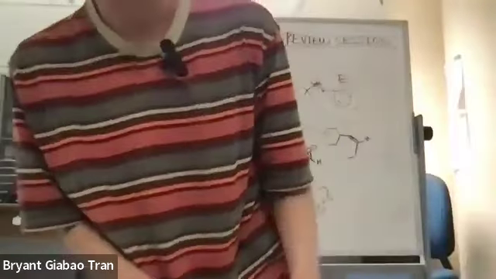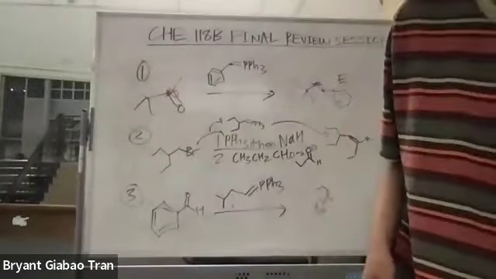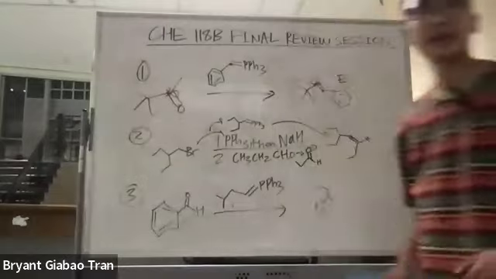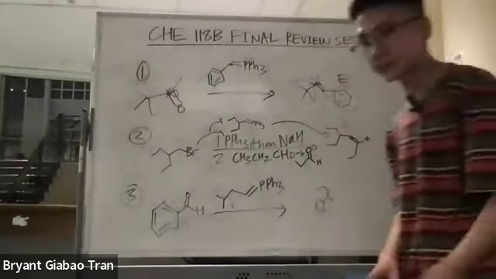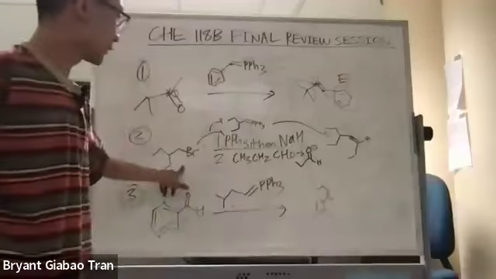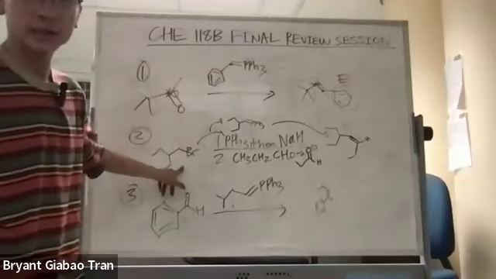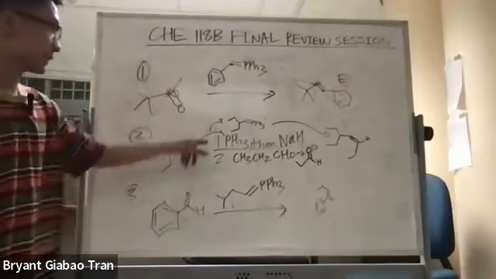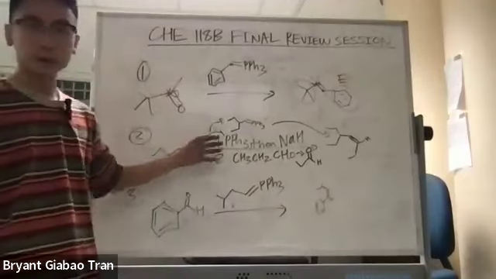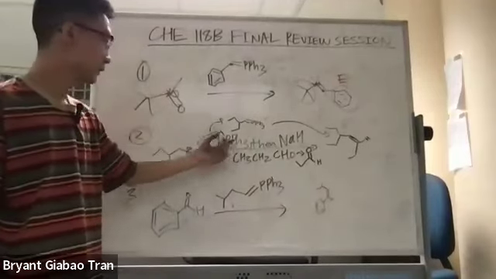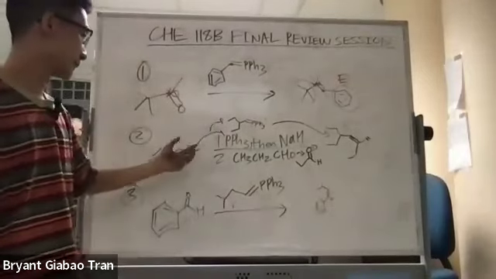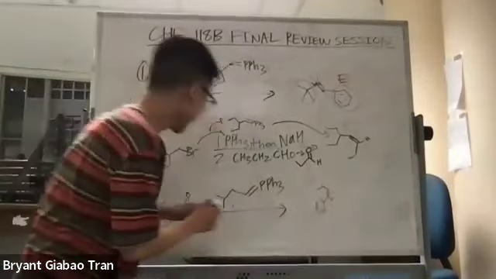Let's see. For the second one here, we have a haloalkane, which is not an ylid, not a carbonyl. But we see in the first reaction here, we are trying to make an ylid with the triphenylphosphine.